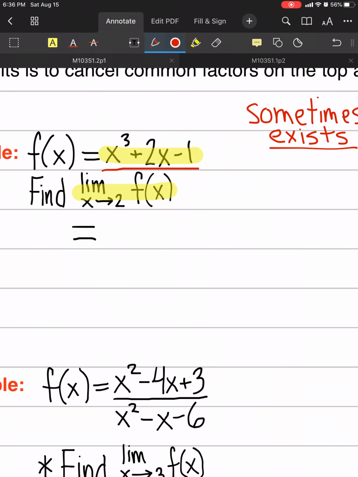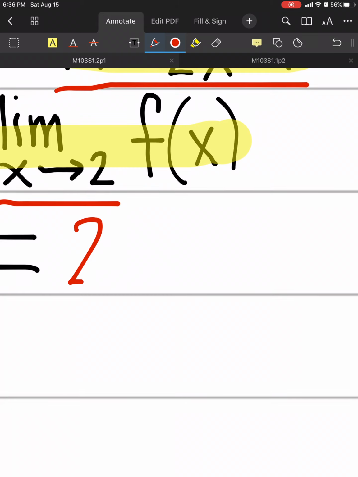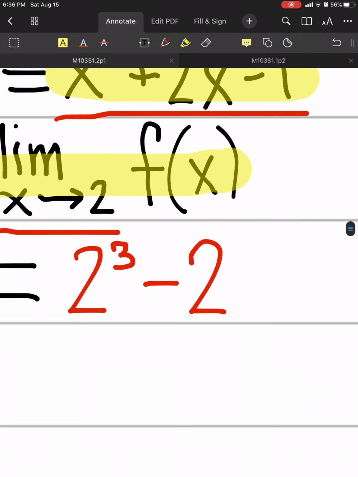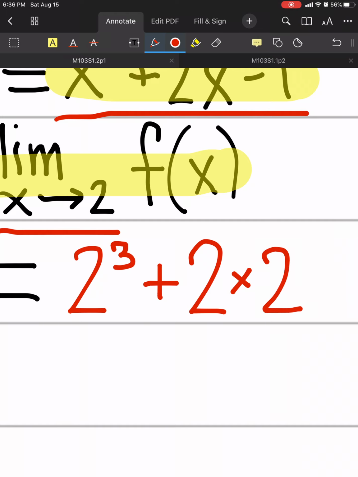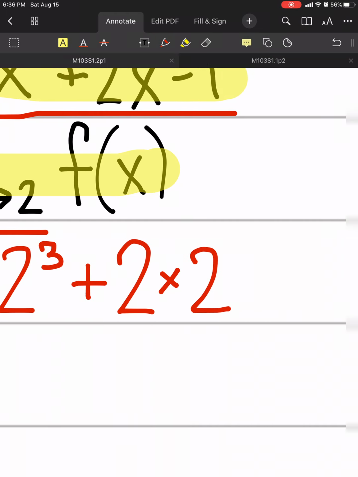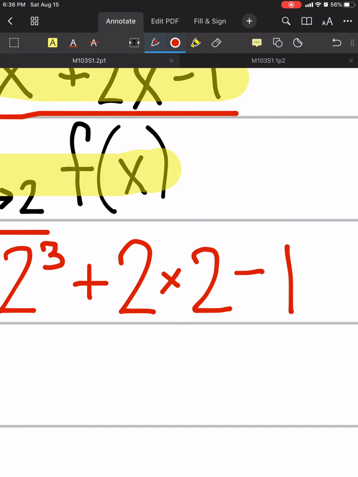So here I plug in x equals 2. Let me zoom in a little bit. 2 cubed plus 2 times 2, and then minus 1.